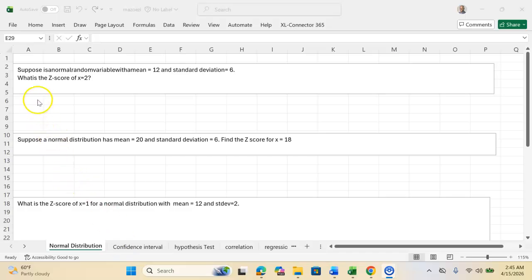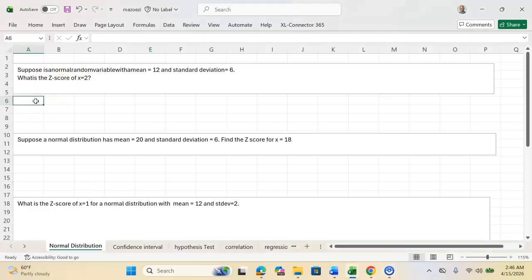So the first question says, suppose a normal random variable has a mean of 12 and a standard deviation of 6. What is the z-score of x equals 2?